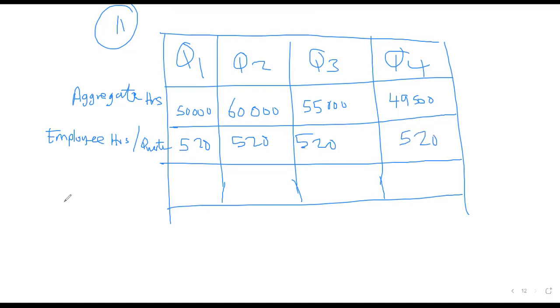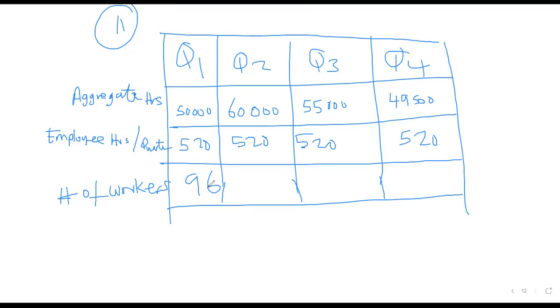So for the number of workers, we can divide to find the number of workers required. 50,000 divided by 520 is 96.